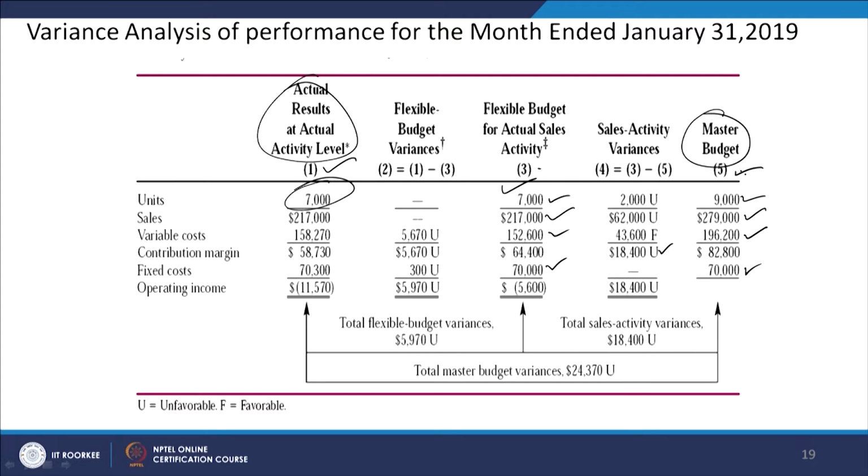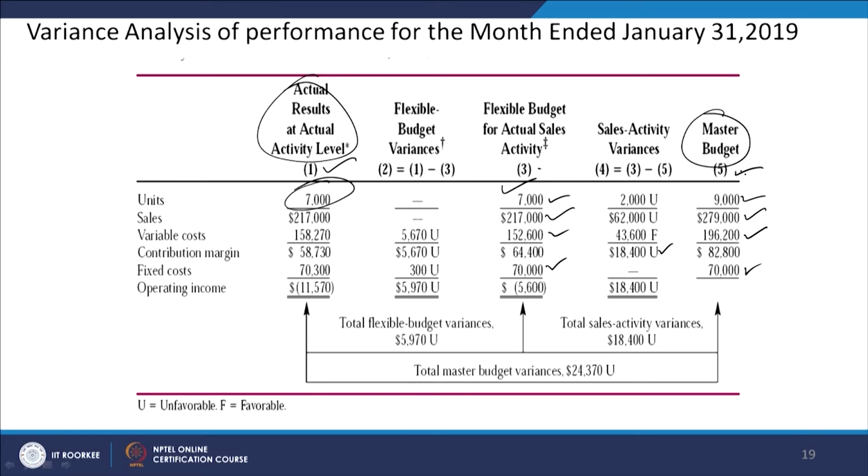Now, we will go for the second level of analysis, the flexible budget variance, meaning finding out the flexible budget variances by comparing the actual results at the actual activity level and the flexible budget at the actual sales activity level, which is again the 7000 units.